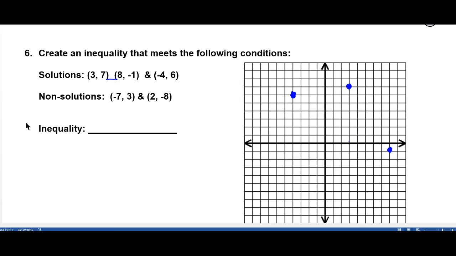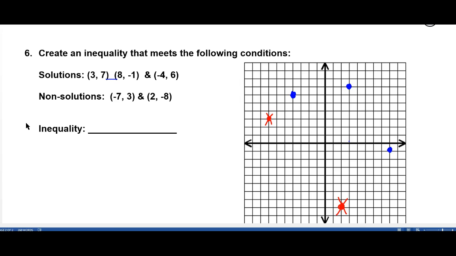I know these have to be in the shaded area. Non-solutions, (-7, 3). Make those in red. That is not a solution, so it can't be in the shaded area. And (2, -8). That cannot be in the shaded area.